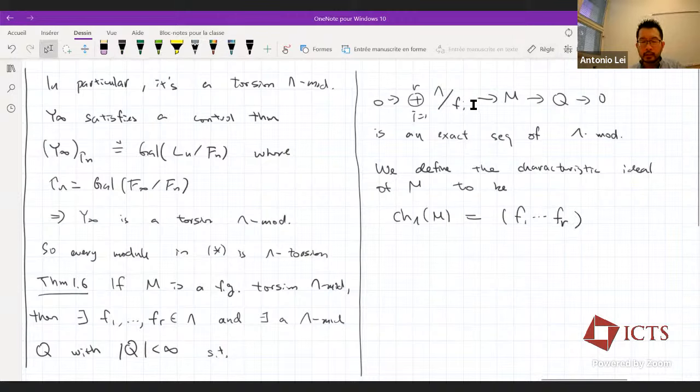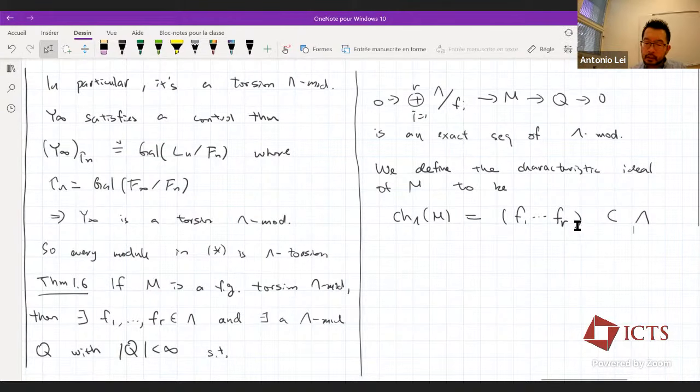So we multiply all these elements together to give you an ideal in lambda. And it turns out that this is a well-defined object, and these f_i have some uniqueness about them.